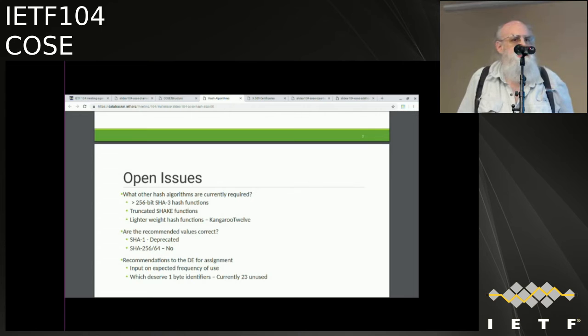But I think it makes sense, especially if we're going to add the additional algorithms into this table, to put another column into it, which describes something about what the functions could be used for. So in terms of if you're looking for collision resistance as opposed to just filtering. So that's clearer in the IANA registry.